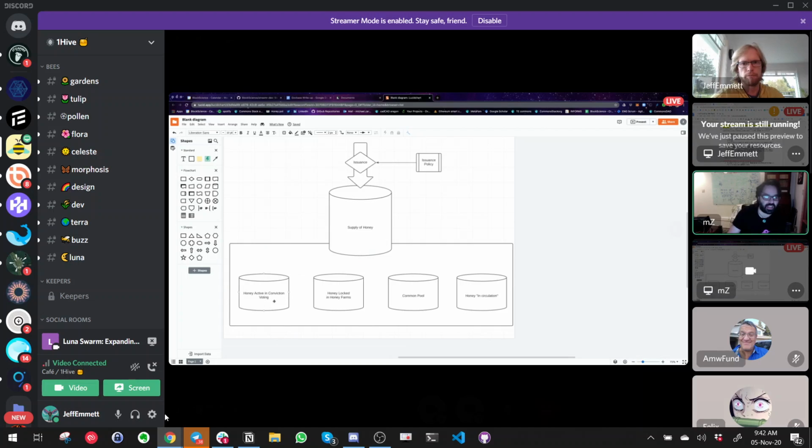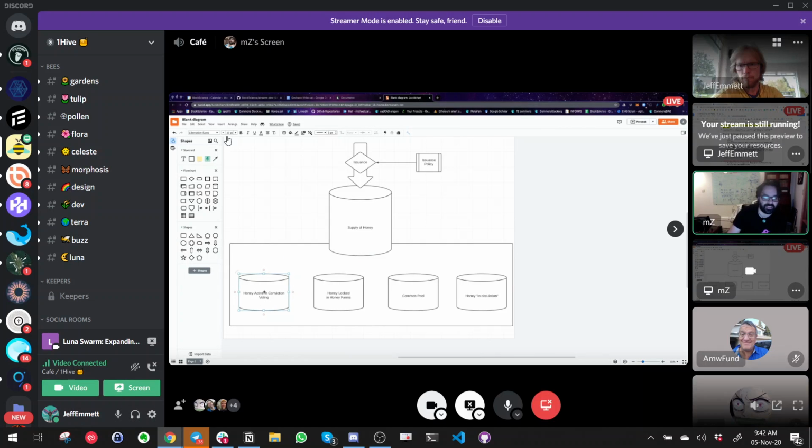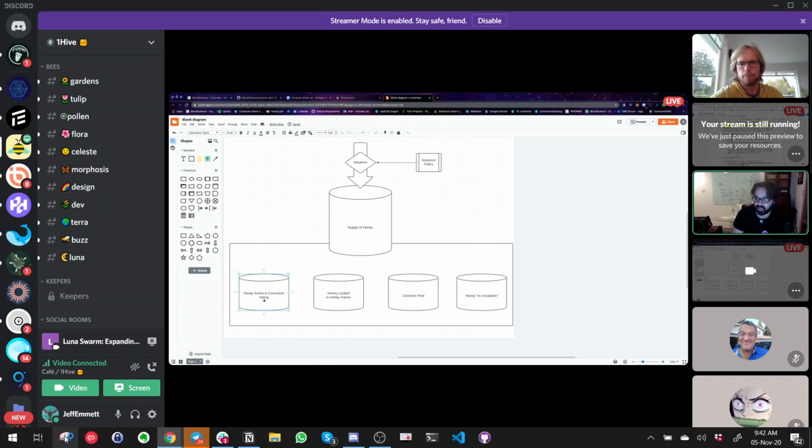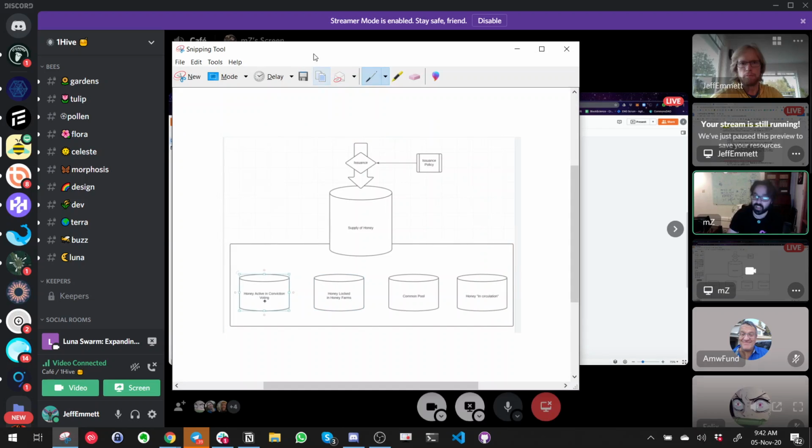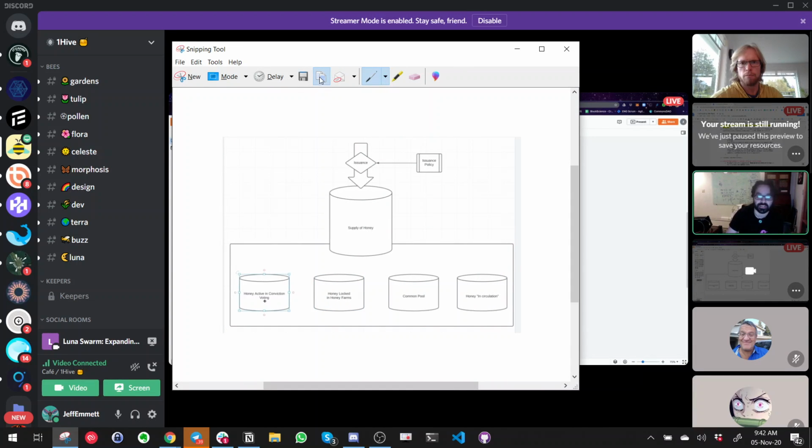Some of the honey is active in the conviction voting DAO, which we call the effective or active supply for the conviction voting models, versus honey in honey swap or in the farms, versus honey that's held by the DAO in the common pool, versus this one, which is effectively other honey in circulation.